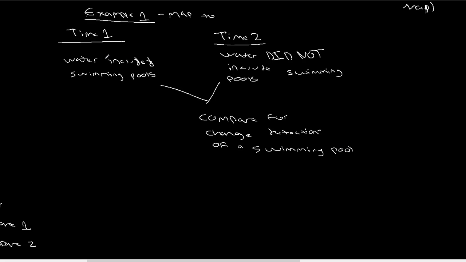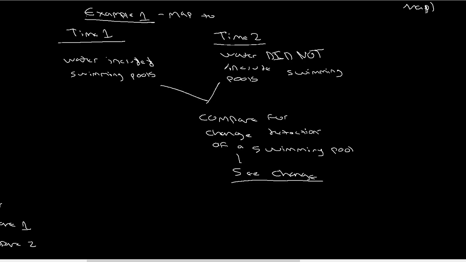So what happens when we compare these for change detection of a swimming pool? By definition, the water map class includes swimming pools here and does not include swimming pools here. So when we compare them, we're going to see change, because this one says it's water and this one says it's not. But is there really change?